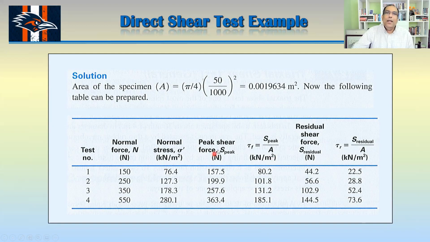Now I can draw a curve of the normal stress versus tau F, and that's for peak shear. And then I can draw another graph for normal stress versus the shear stress for residual strength. Okay, now let's go there.